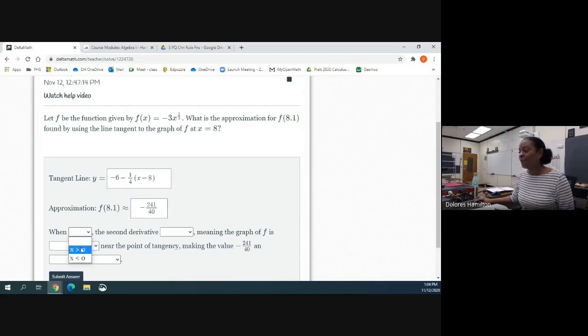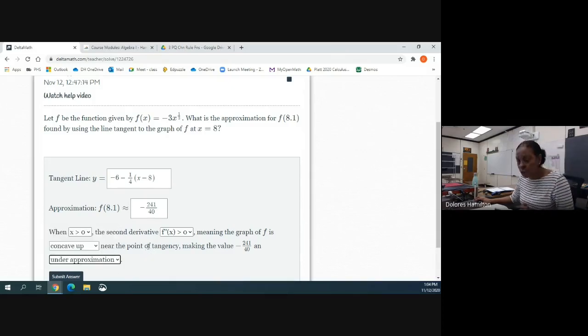So when we've got a positive x value, we took f double prime and we saw that that was positive, meaning the graph of f is concave up. And if my graph is concave up, what do I know about my tangent line approximation?